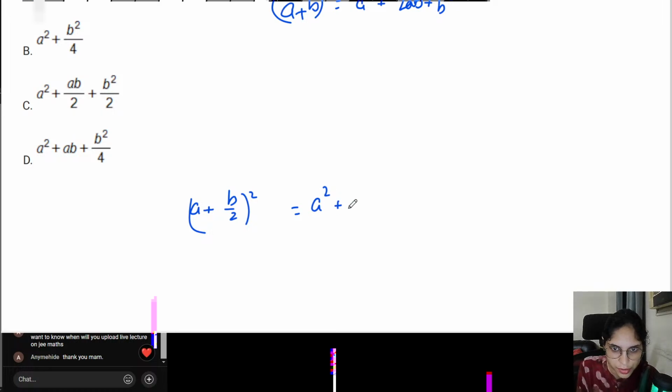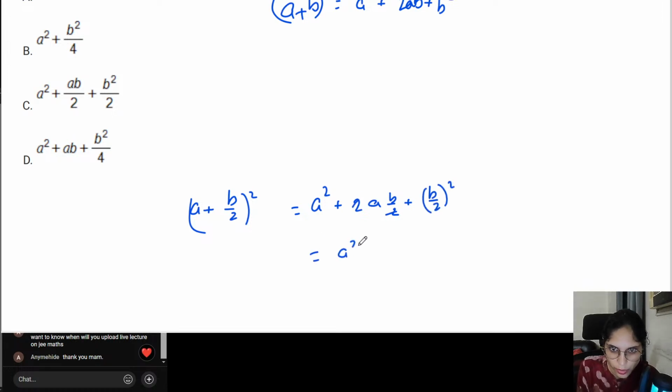A squared plus 2 into a into b over 2, because this time we have b over 2, plus b over 2 whole squared. 2 cancels. A squared plus ab plus b squared over 4. Option D. That's it.